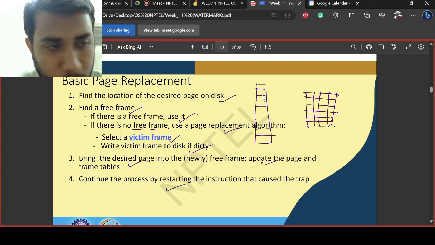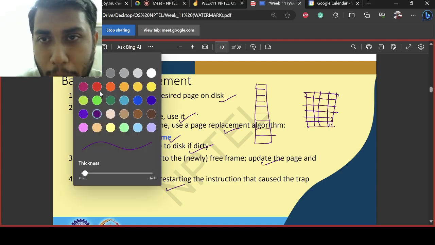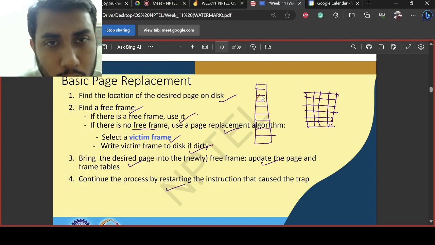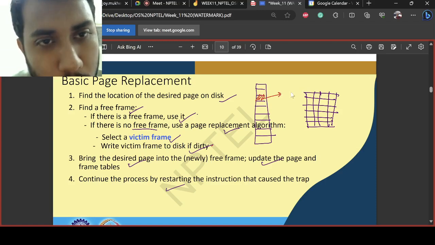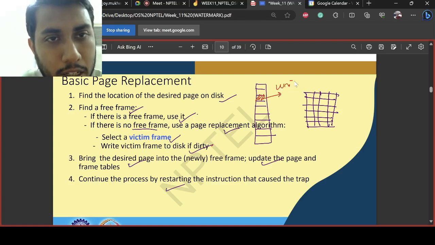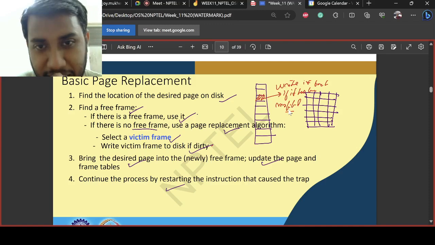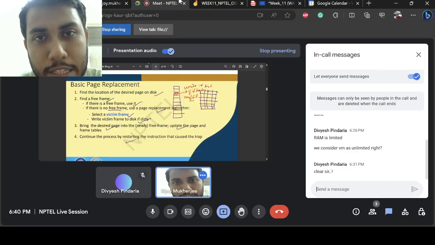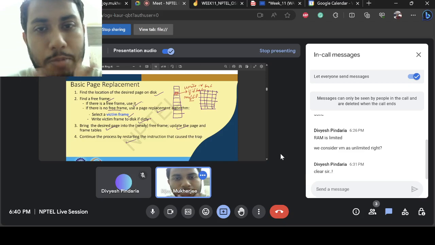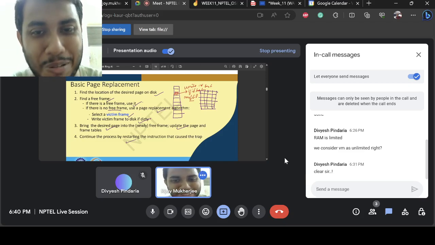So you swap out this from here, and you only write it back if it has been modified, else you can just drop it, right? You have to write it back only if it has been modified. So copy on write, remember that one.